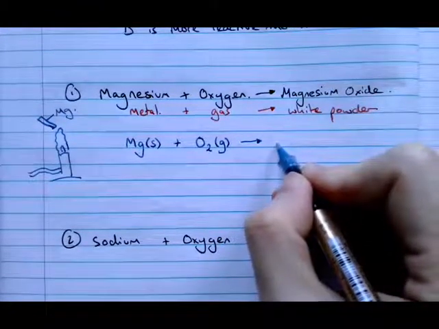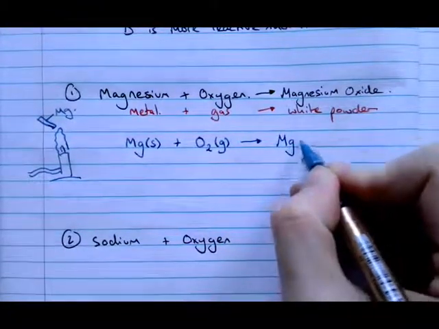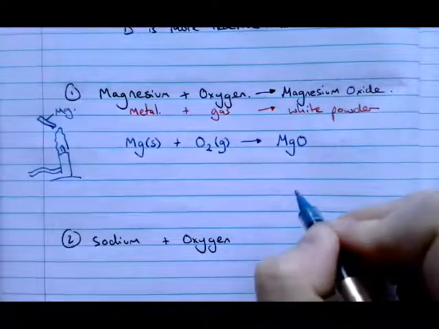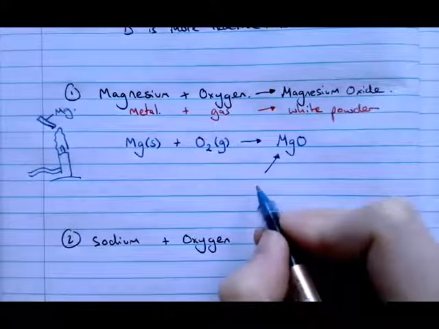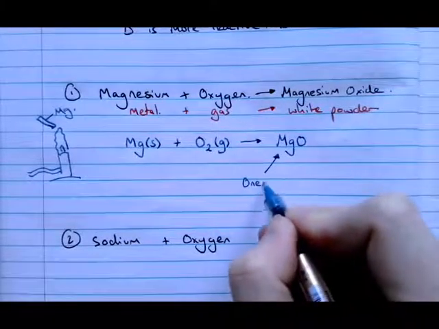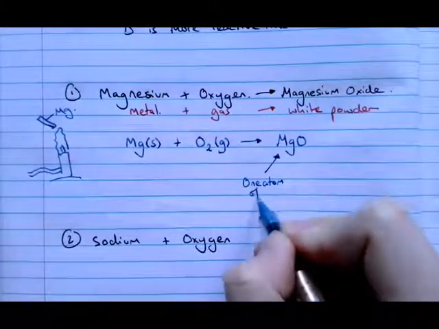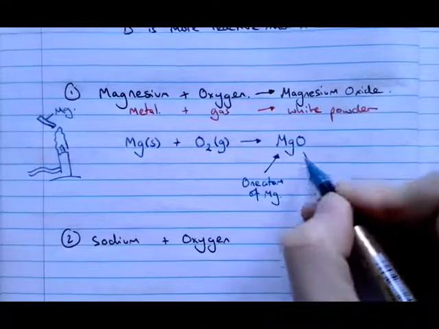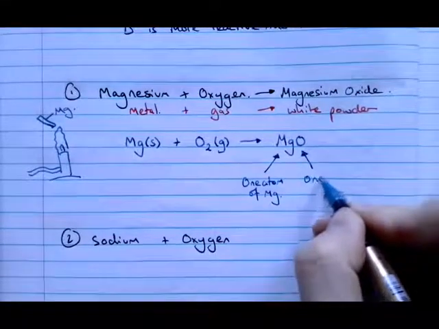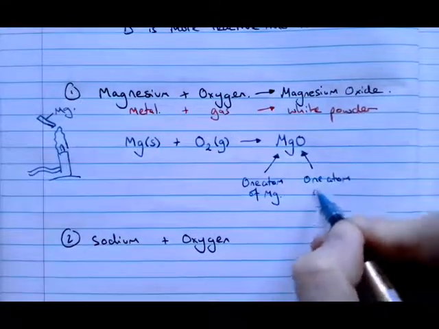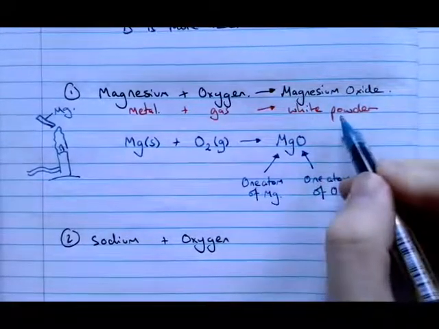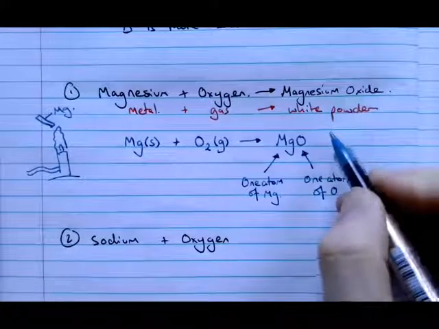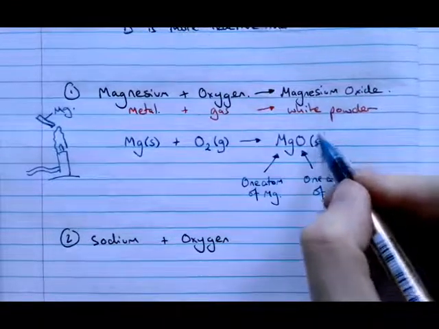The formula for magnesium oxide is MgO, so we have one atom of magnesium and one atom of oxygen. That's a white powder, so is that going to be a solid or a gas? Yeah, it's going to be a solid.